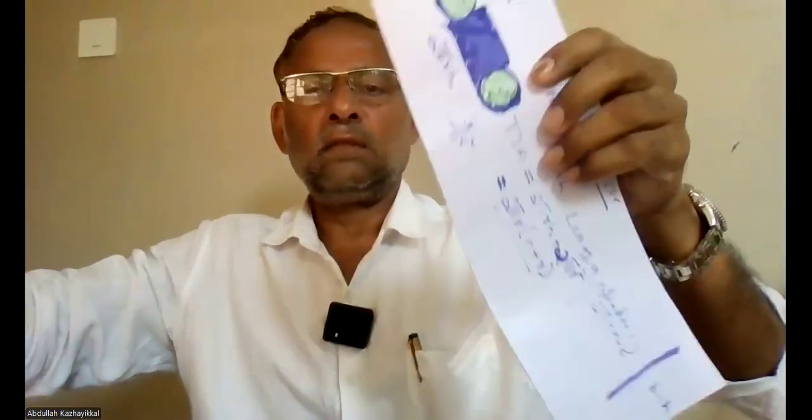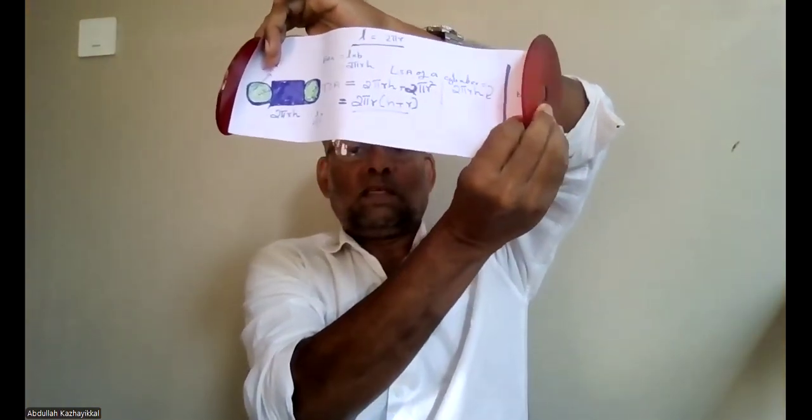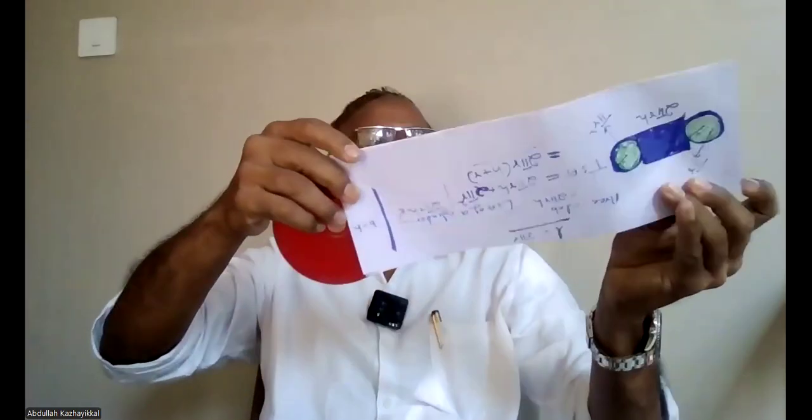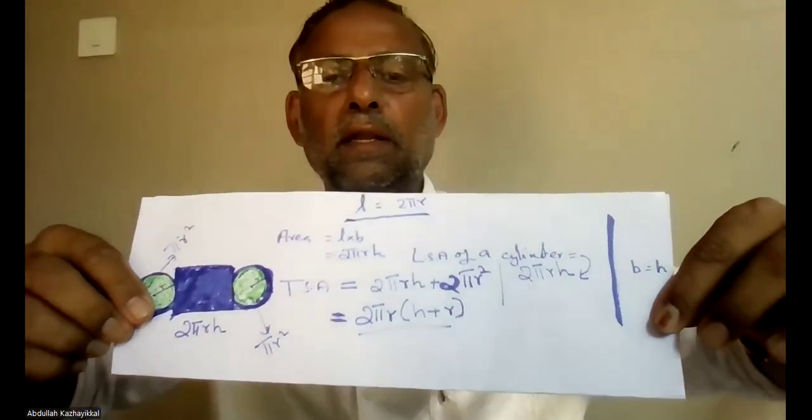And here one circle, here another circle. So this is the total surface area. Correct? Look, this is the cylinder. 2 pi r H plus pi r square plus pi r square, that is 2 pi r square. So what am I taking out? 2 pi r. 2 pi r into H plus r.